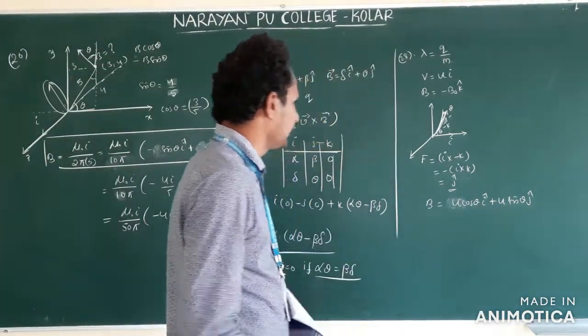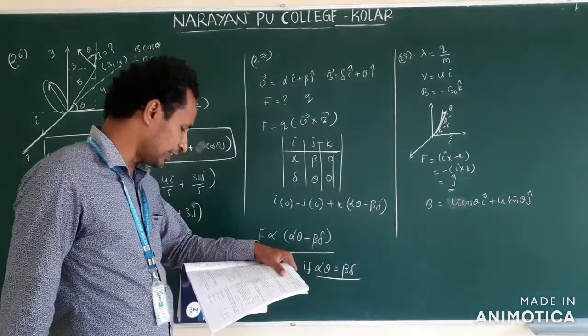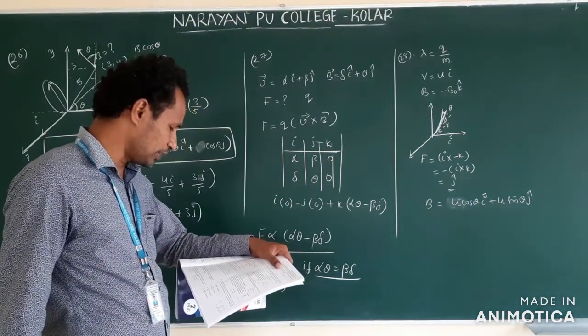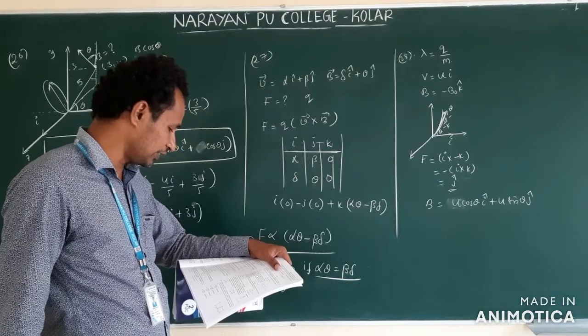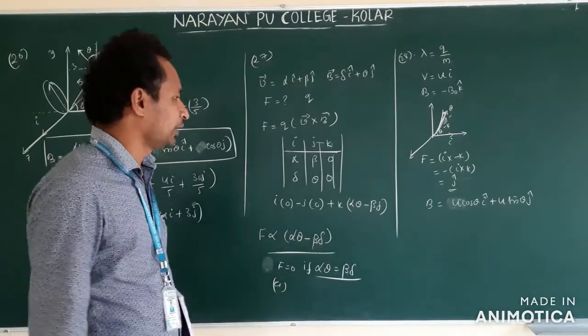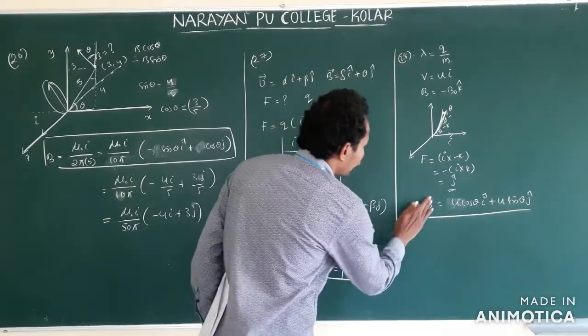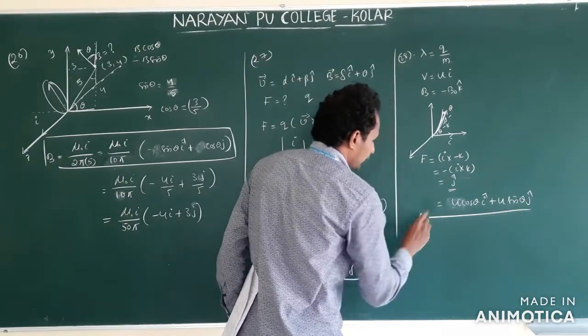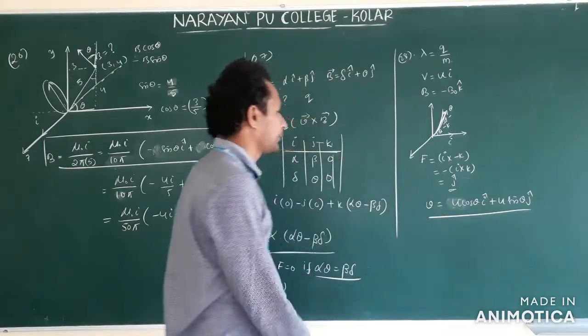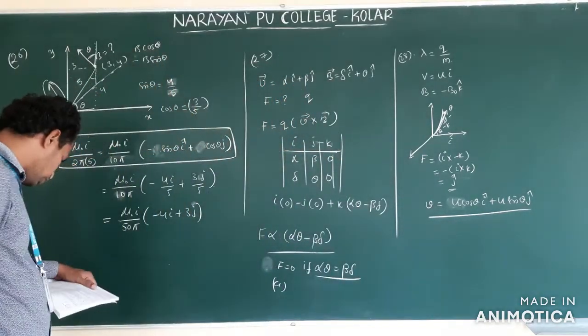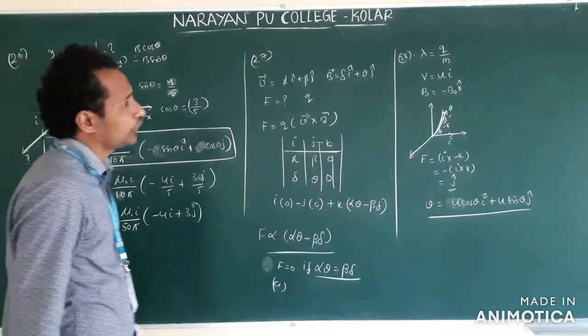This is correct. Now we need to find theta. Theta is given as B naught lambda t, but we need to verify it. This is not the field, this is the velocity vector. So now we need to find theta.